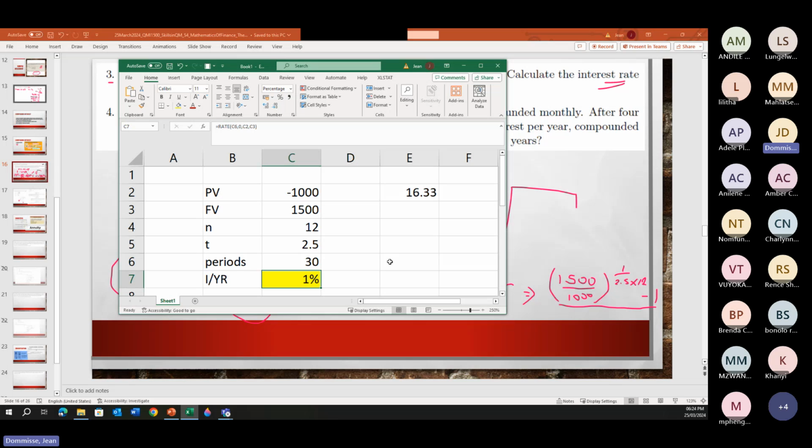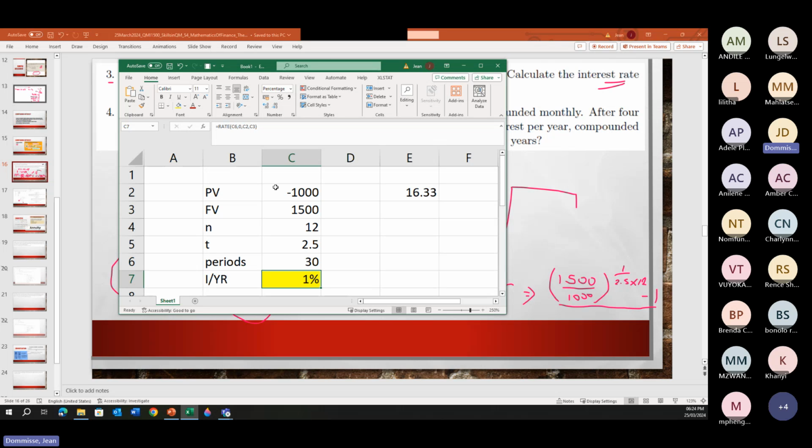And now to your point, Kanye, that is what Excel does, and I think one of the other calculators too, I'm not 100% sure which one. So that now gives you the interest rate in a monthly format.